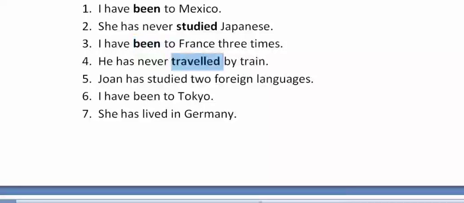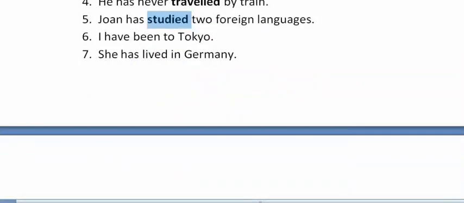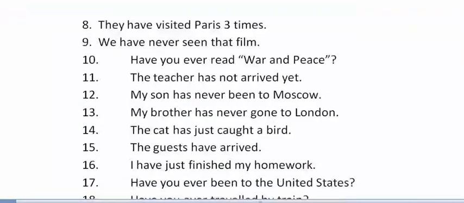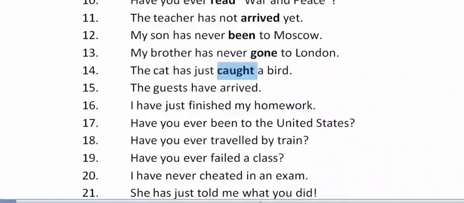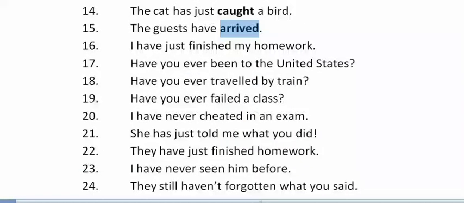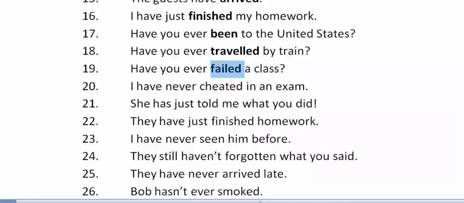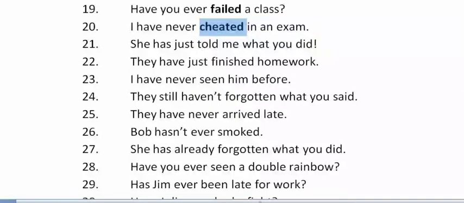Been, traveled, studied, been, lived, visited, seen, read, has not arrived. You keep guessing while I keep marking. Been, gone, caught, arrived, finished, been, traveled, failed, cheated.